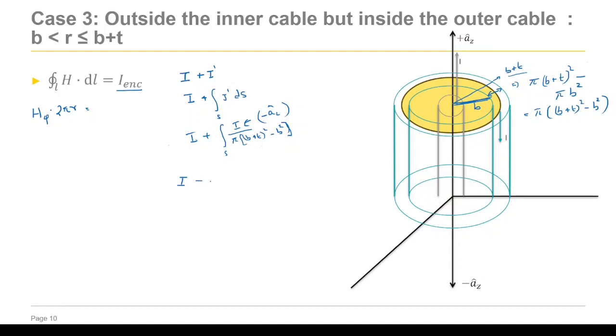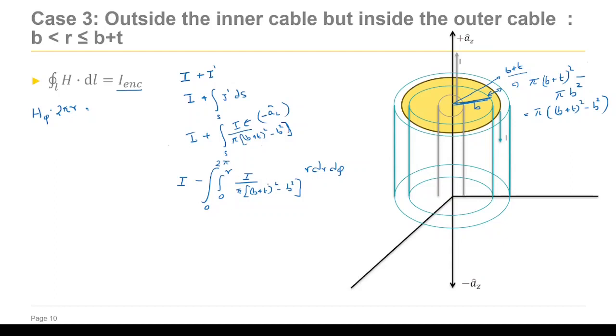So I'm going to subtract the surface integral of I divided by pi times (b plus t) the whole squared minus b squared, obviously in the r dr d phi surface. So my r is going to take values from 0 to R, which is going to be between b and b plus t, and phi is going to take values from 0 to 2 pi.